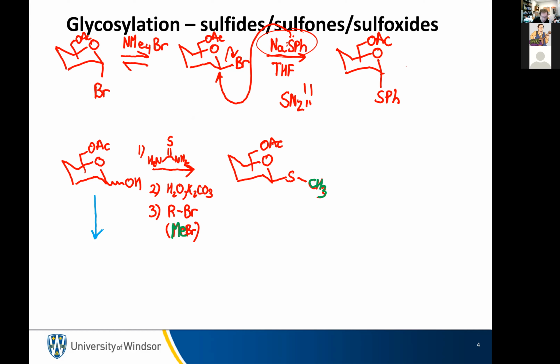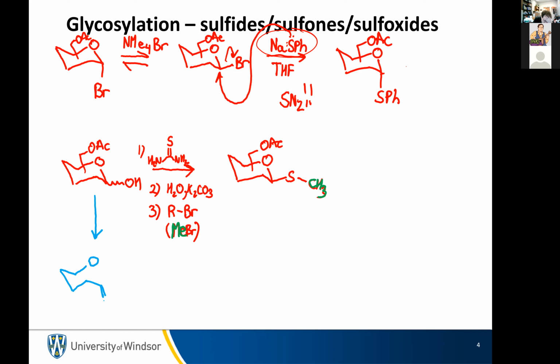So the key idea here is that this is in equilibrium with the aldehyde. That's the absolute key thing that you need to remember. Otherwise, this doesn't make any sense. You can't turn alcohols into sulfurs just by treating them with thiourea. That doesn't do anything.